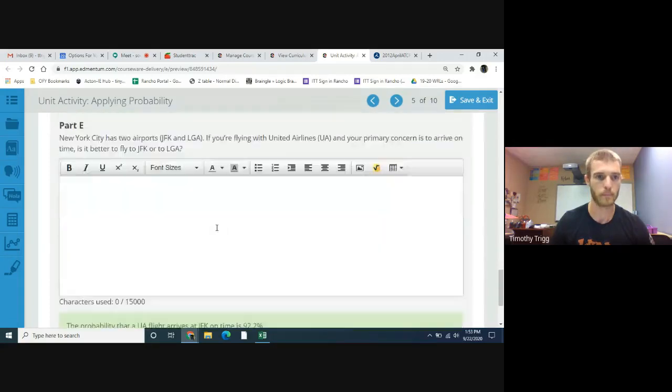Part E. New York City has two airports, JFK and LGA. If you're flying with United Airlines and your primary concern is to arrive on time, is it better to fly to JFK or LGA? So this is kind of like the same as the previous problem, except we're going to be looking at United Airlines and these two different airports.